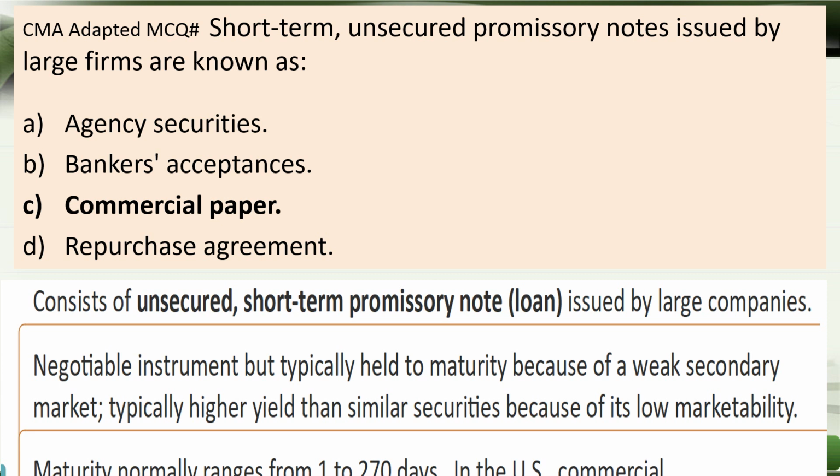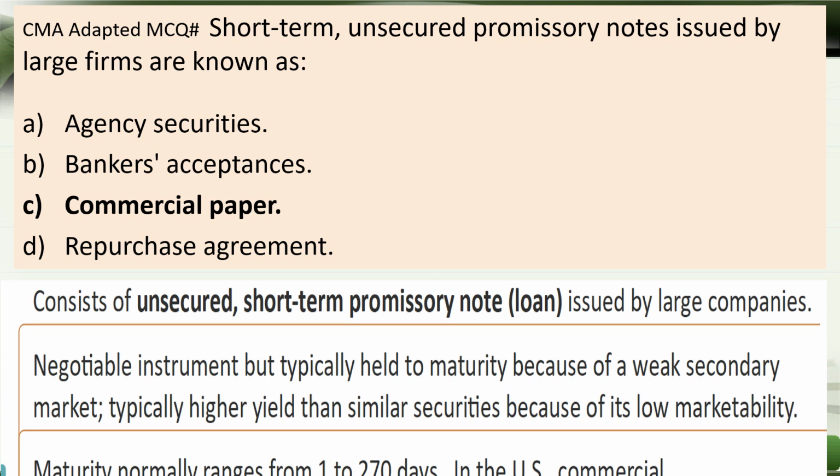And bankers acceptances are not coming from large firms; they are from banks, and also they are secured for the exporter, on behalf of the importers. They get the bankers acceptance, and that means the importer's bank is more reliable than the importer. They are secured for them in that case.